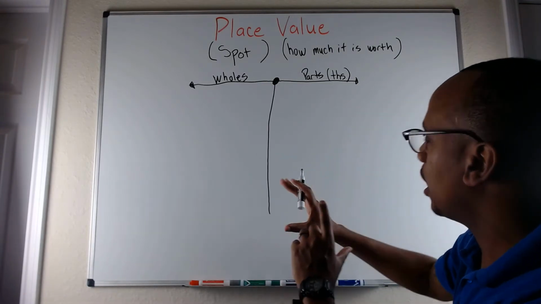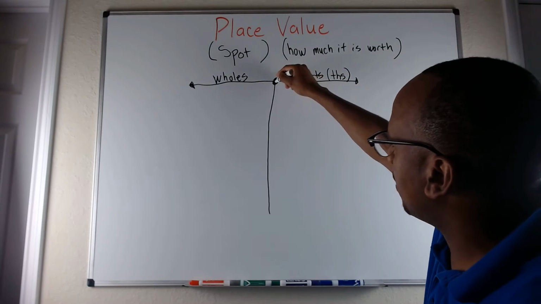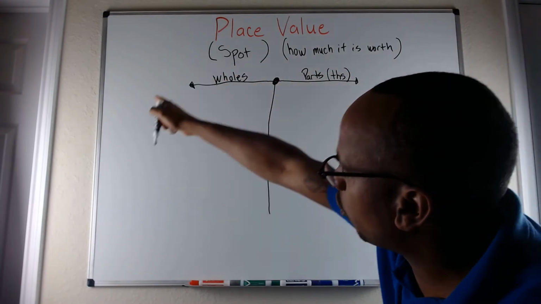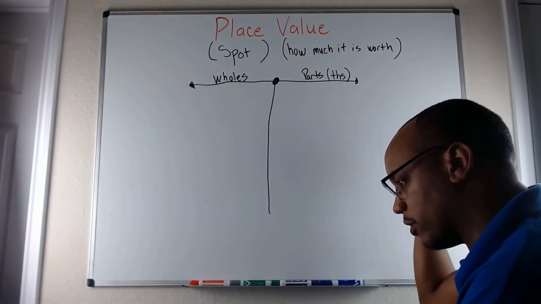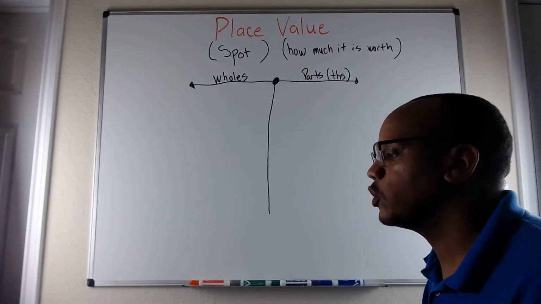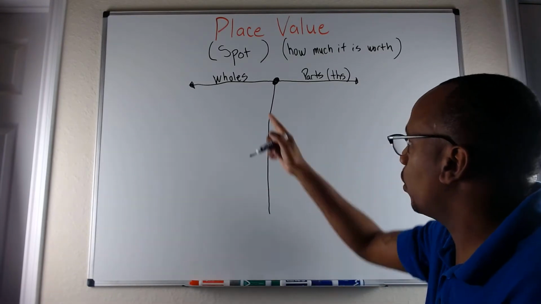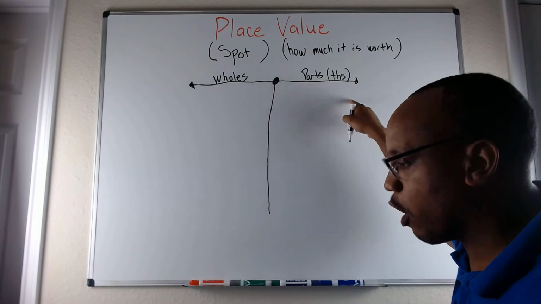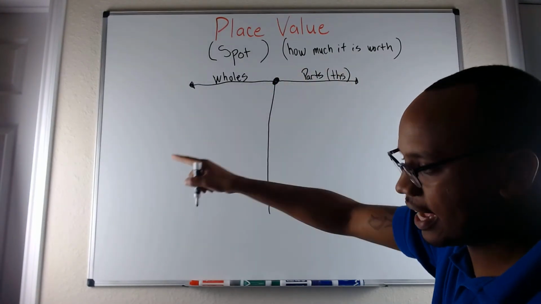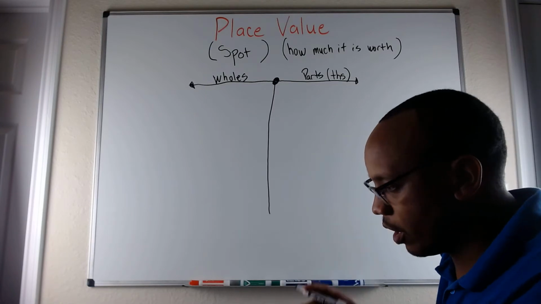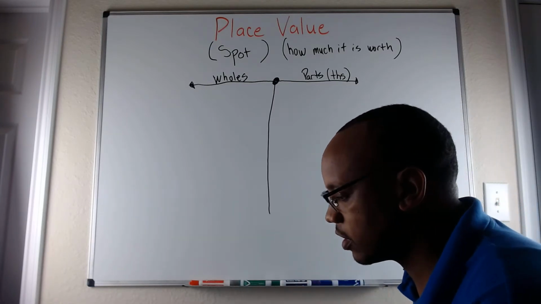So real quick to recap, the decimal point, wherever it is, it separates the whole side from the part side. So for instance, if you have $1.25, well, you have one whole dollar and you have 25 parts trying to make up the next dollar. So that's $1.25, one whole, 25 parts of the next whole.